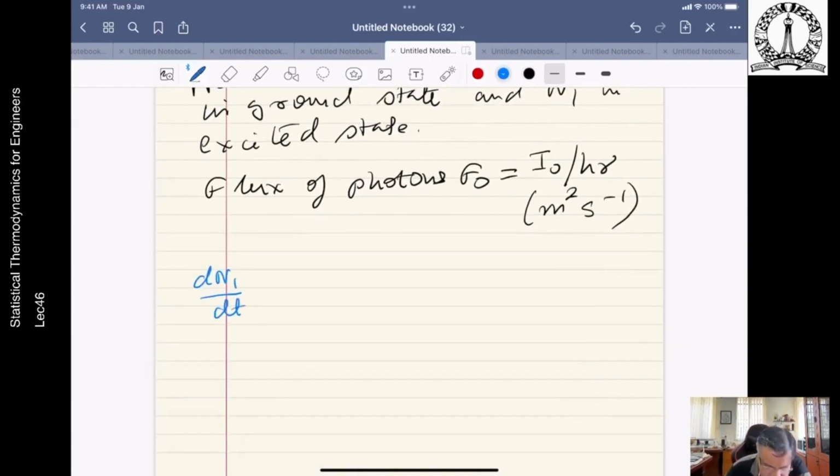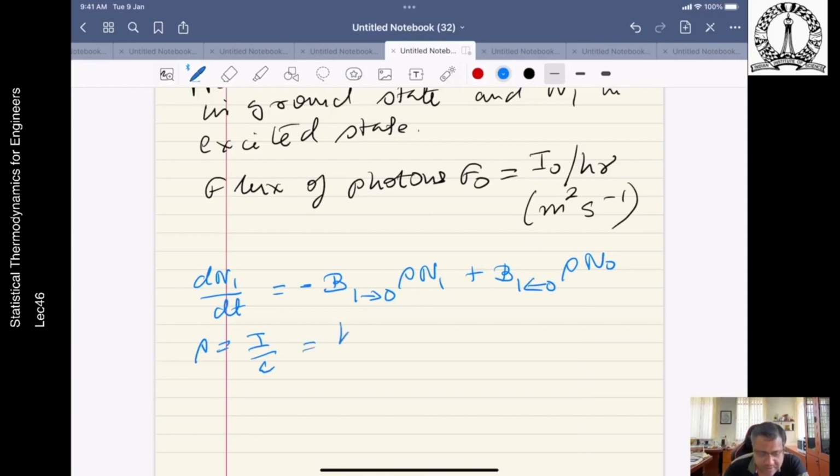dN1 by dt is equal to minus B1→0 rho n1 plus B0→1 rho n0. We'll see what rho is. Rho is basically I by c, equal to h nu F by c.